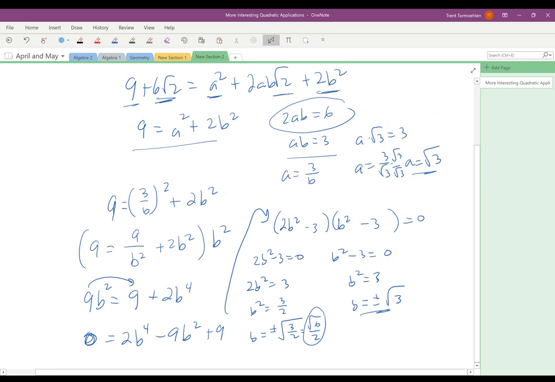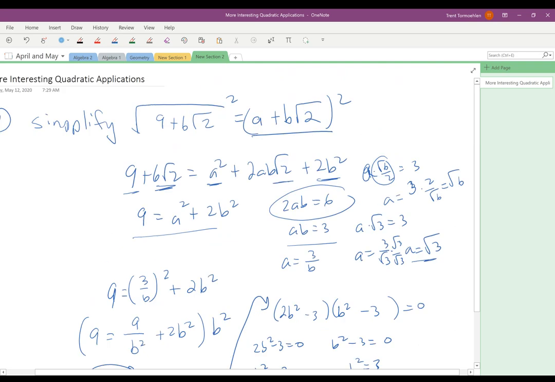Then that's going to give us a times root 6 over 2 equals 3. And so that means a is going to be 3 over, we multiply by the reciprocal here, so 2 over root 6. And so it's 6 over root 6, which just turns out to be root 6.